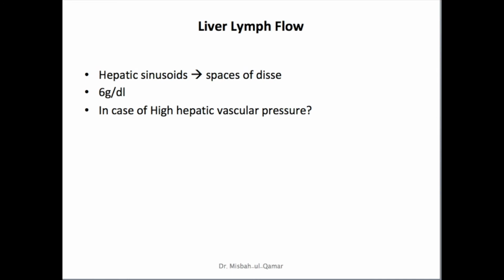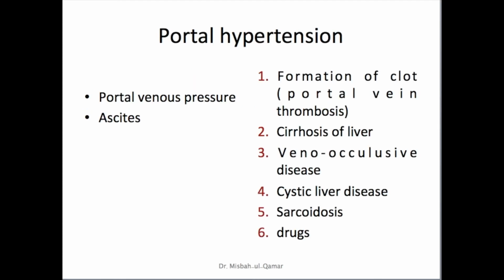Now, in case of high hepatic vascular pressure, when the pressure in the hepatic vein rises to 3 to even 7 millimeters of mercury above normal, an excessive amount of fluid begins to transude into the lymph, and fluid also leaks into the abdominal cavity through the outer surface of the liver capsule. Similarly, blockage of portal flow causes portal hypertension.